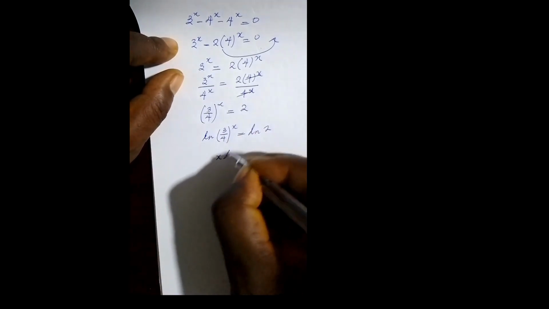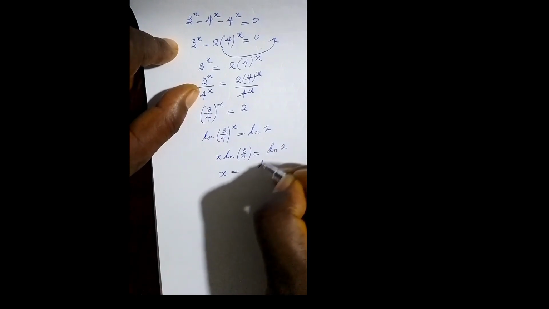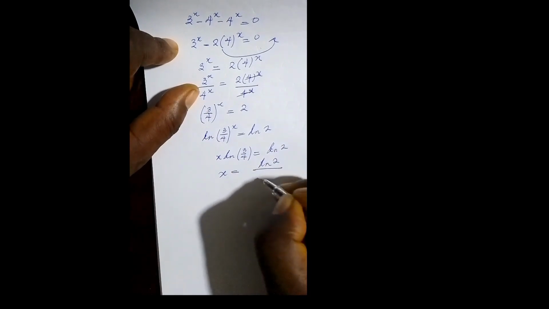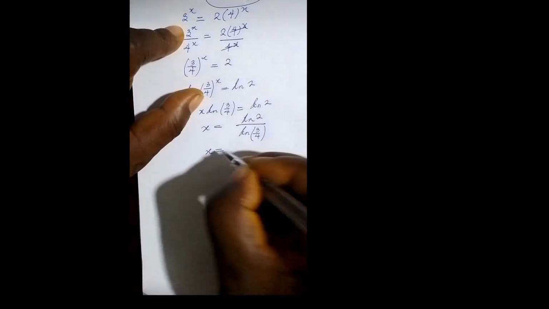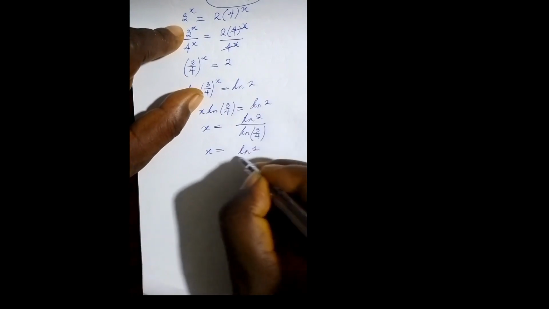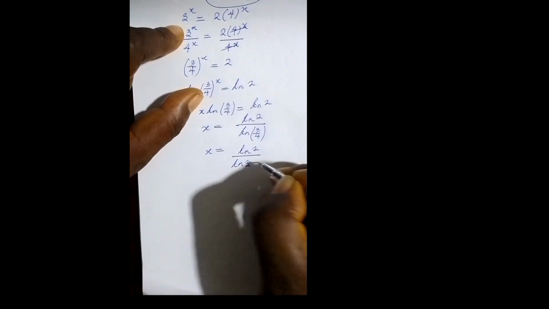So x natural log of 3 over 4 gives natural log of 2. So x equals natural log of 2 over natural log of 3 over 4, and of course x equals natural log of 2 over natural log of 3 minus the natural log of 4.